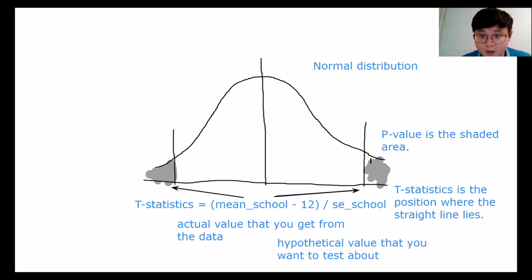So the lower bound should be beta minus 1.96 times standard error of beta, and the upper bound becomes plus 1.96 times standard error of beta.